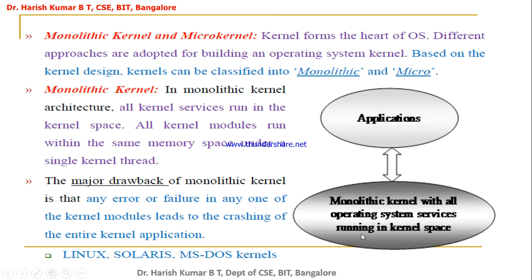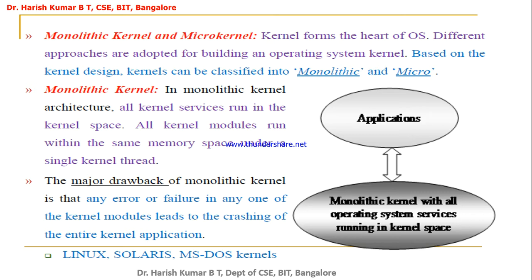A monolithic kernel has all the operating system services in the kernel space. So it is heavy, bulkier, and has all the services in it. Now, what is the drawback of making the kernel bulkier by having all the services in it?